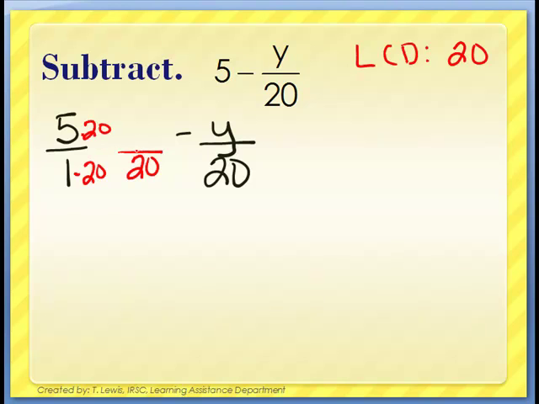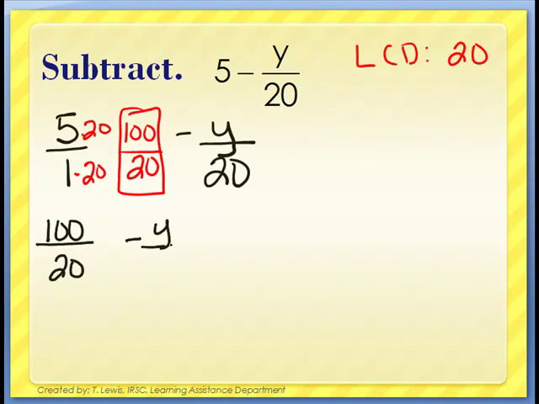And 20 times 5 is 100. The second fraction, y over 20, there's no need to convert because it's in 20ths. So now we have 100 over 20 minus y over 20.